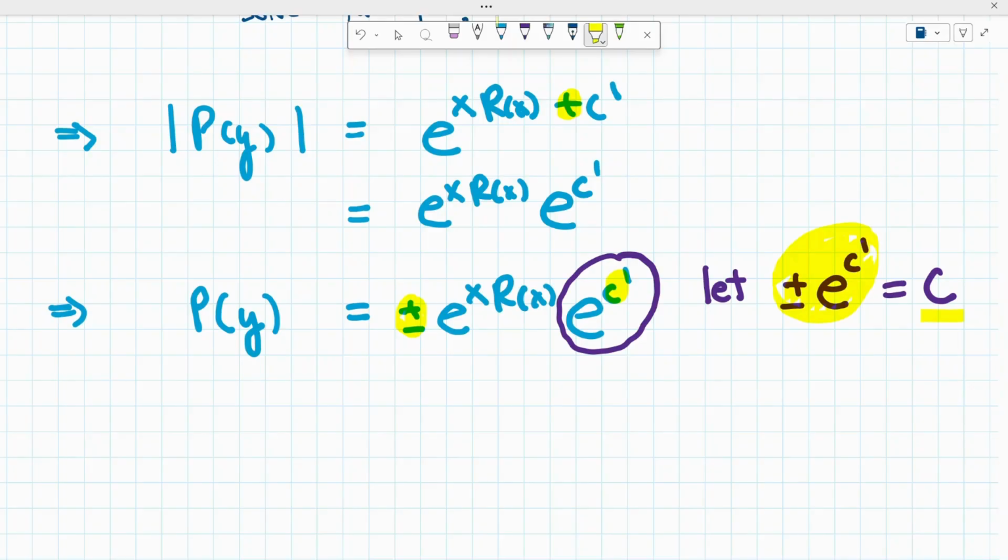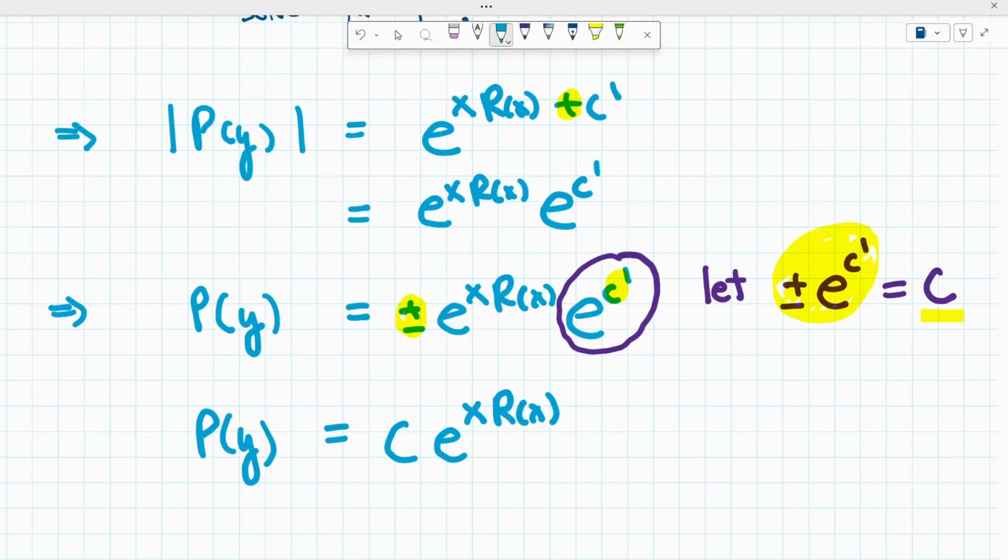Okay, so now as a result, we have that our p of y equals, what do we have over here? We've got c times e to the integral of r of x. And there we go.